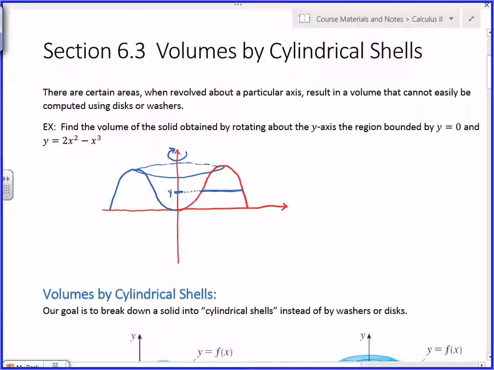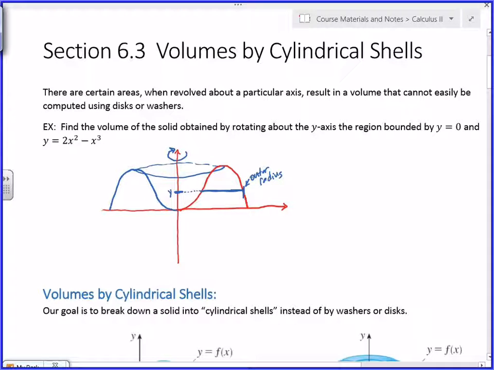Okay? So, again, think of this as though you were looking down on it. You rotate it up to yourself, you're going to see this circle with a circle inside. This distance right here represents the outer radius.